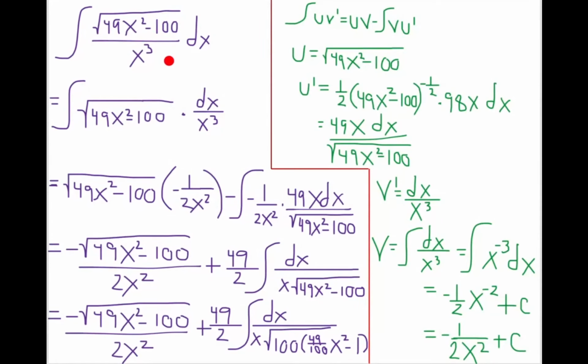Now, it's maybe a little harder to see. It looks more like a quotient, but remember, if you're dividing, it's the same thing as multiplying by the reciprocal. So we're multiplying by 1 over x cubed, and we're just going to throw that under the dx.